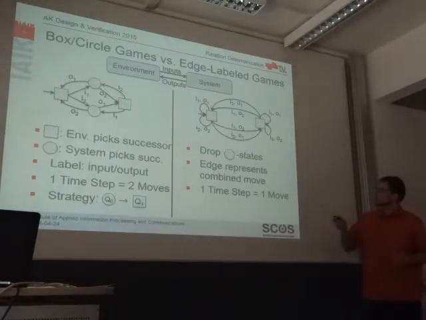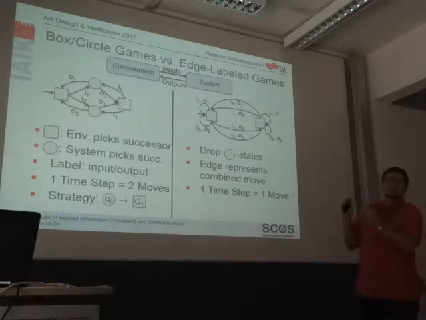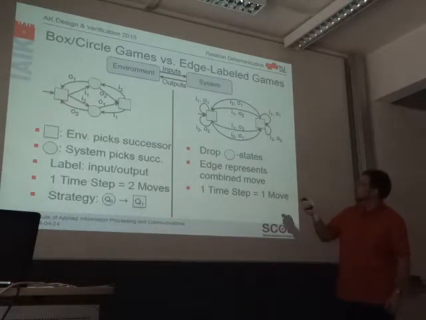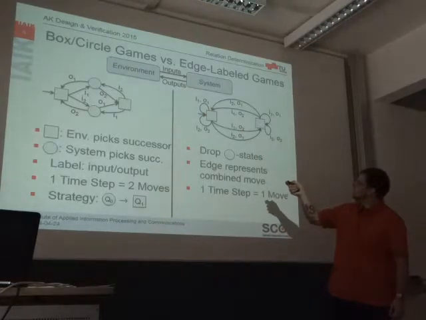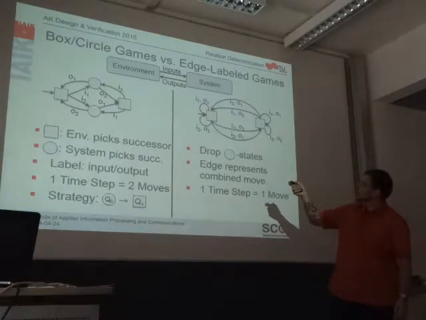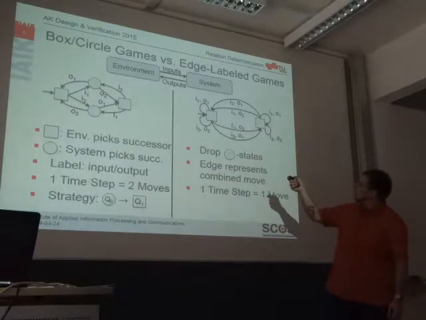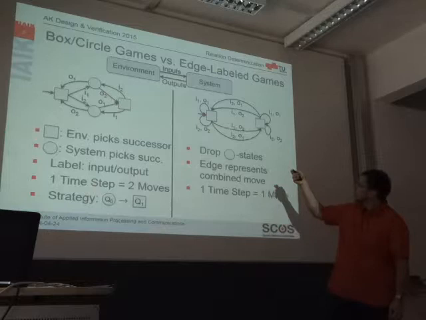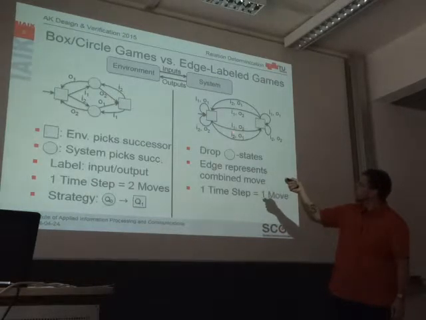And how does this work? If we are in this state and we see some inputs, then we can basically highlight all the edges in the graph that still match this input. So for example, let's say we are in this state and we get input 1, then we would highlight this edge because it's labeled with input 1, not this one because it's labeled with input 2, and this one because it's also labeled with input 1, but not this one as it is labeled with input 2.